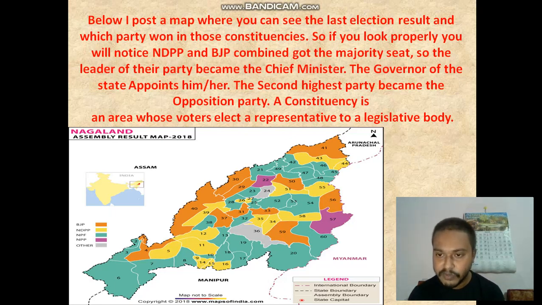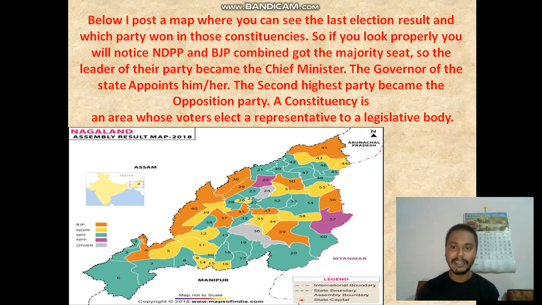What is a majority of seats? The total number of seats is 60. If any party, or two combined in a coalition, get more than half, 60 half is 30, that means 31. In Uttar Pradesh, 80, then 41, like this. So whoever gets the majority, meaning more than half, makes the government.